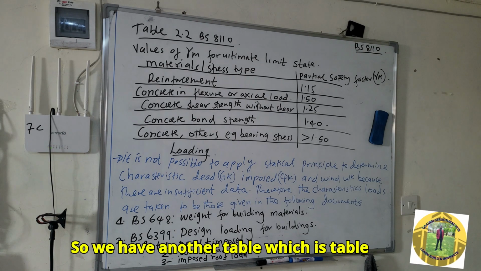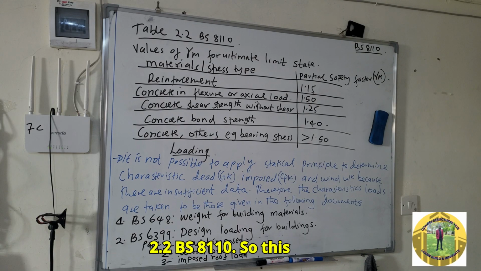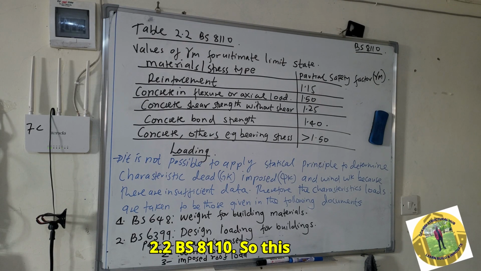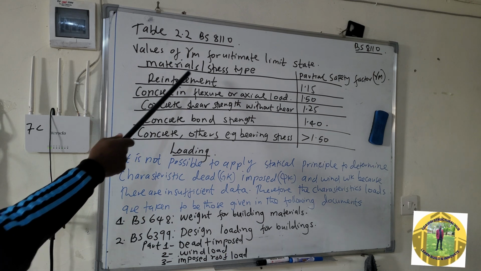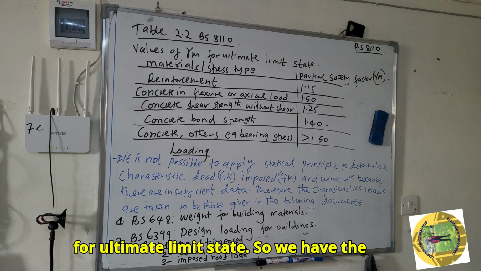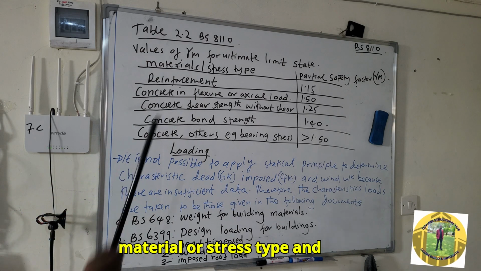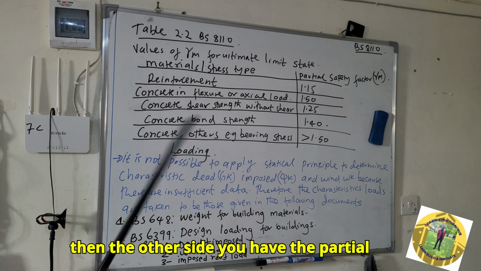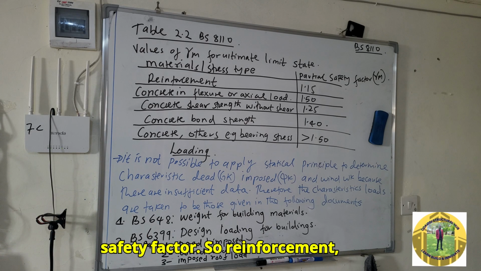We have another table, which is table 2.2 in BS 8110. This table provides values of partial safety factor for ultimate limit state. We have the material or stress type, and on the other side the partial safety factor.